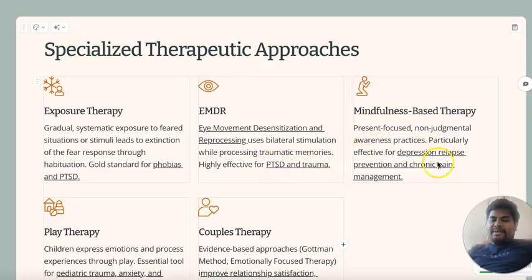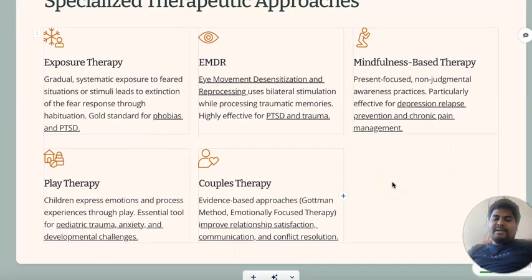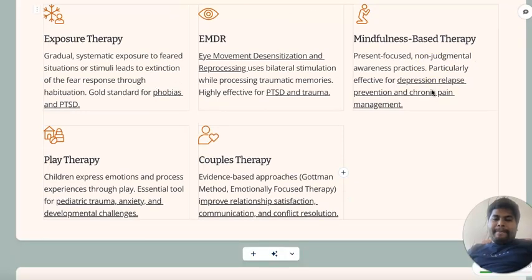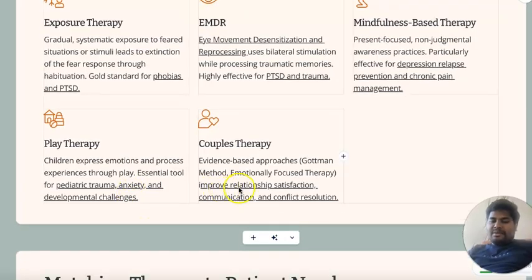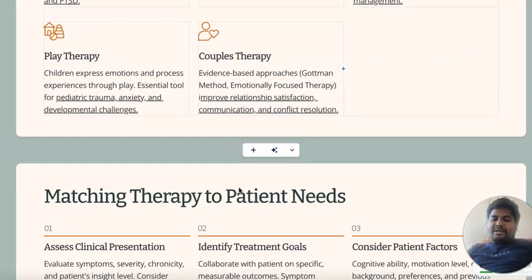Mindfulness therapy, we said it earlier, also especially for borderline personality disorder, also for depression relapse prevention, chronic pain management. Okay, and mindfulness is a part of dialectical behavioral therapy. Play therapy is used for pediatric trauma, pediatric anxiety, developmental challenges. Okay, couples therapy is used to improve relationship satisfaction, communication, and conflict resolution.